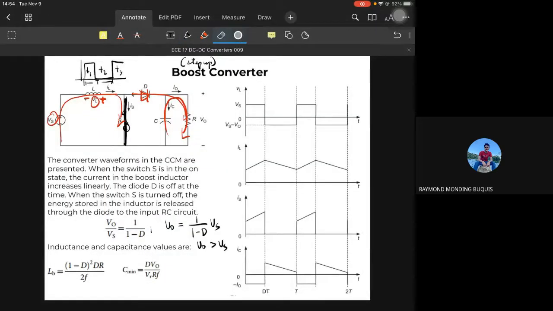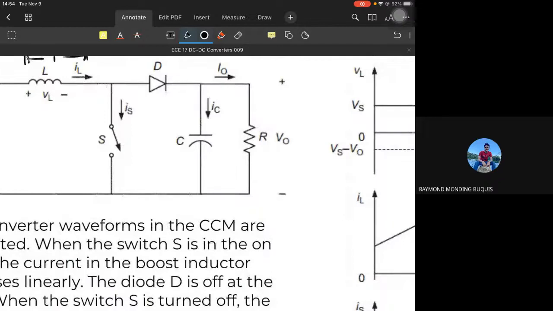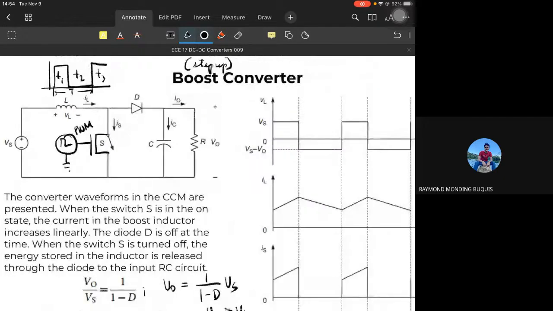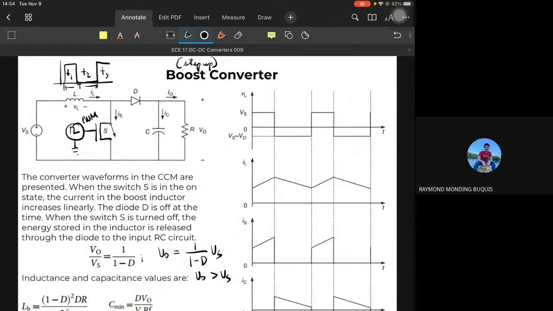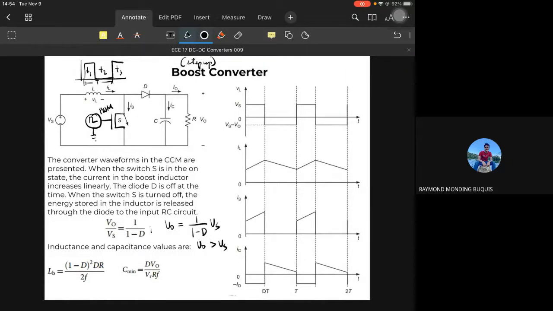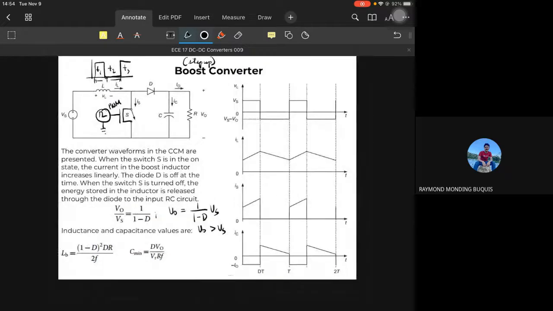We vary the duty cycle when designing the driver circuit of our power electronic device, in the duty cycle of the pulse width modulator. So there is not much for us to design here. We just choose values for the capacitor and inductor, for the circuit of the boost converter, and also the buck converter. We just define the circuits.